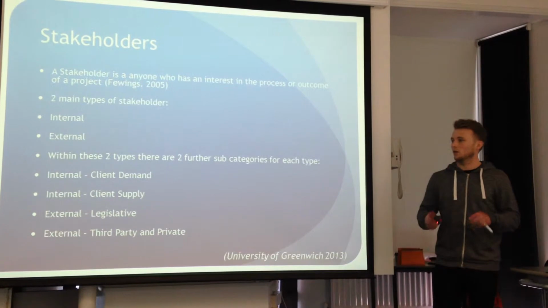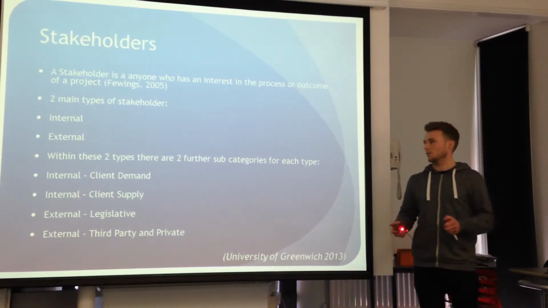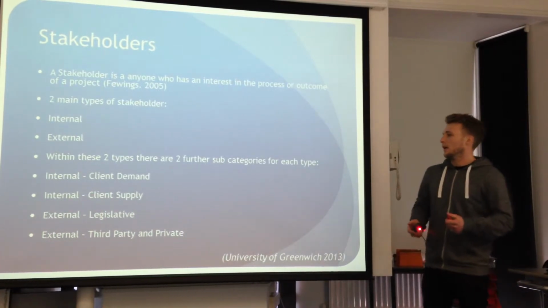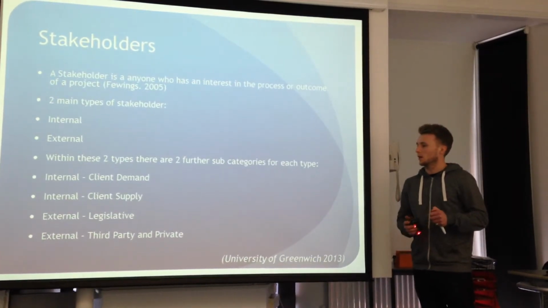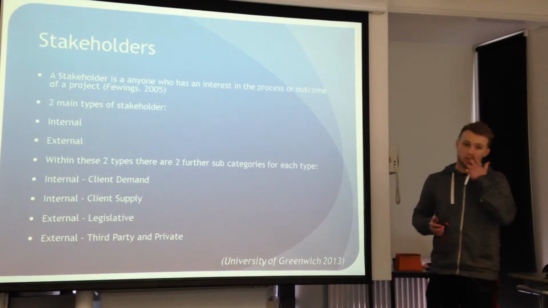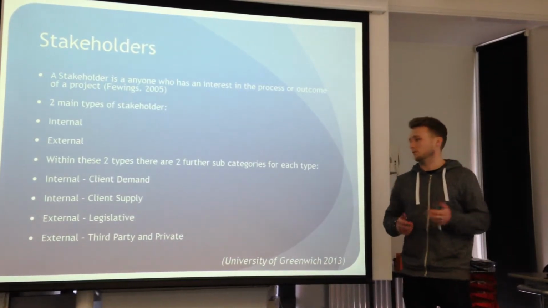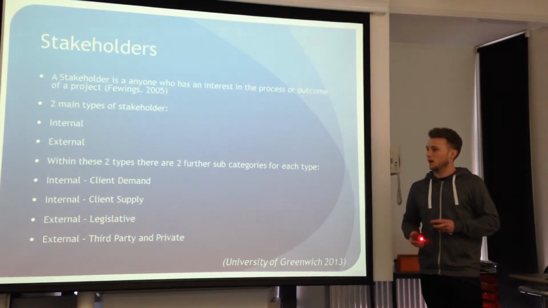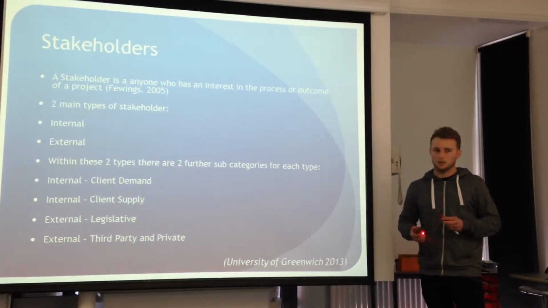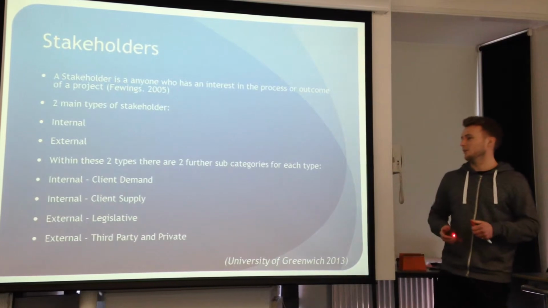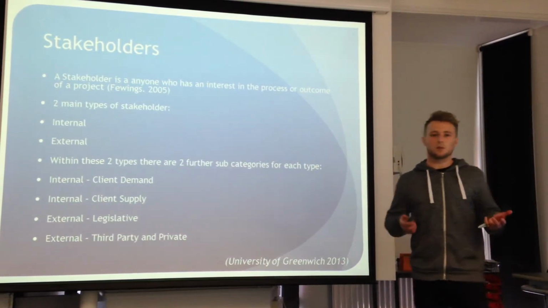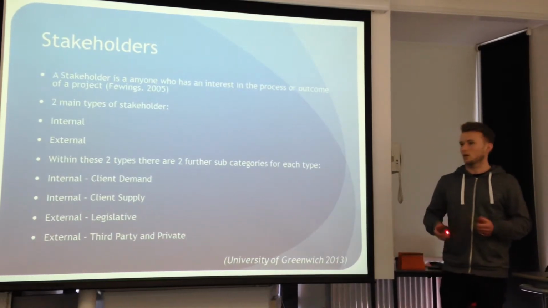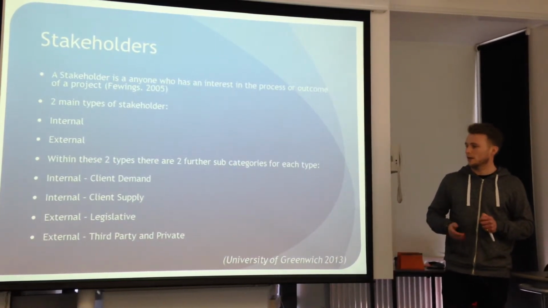So you have internal client demand, which for example will be the client or the end user. And you have internal client supply, which will be the contractor and funding sponsors. And then for external, you have legislative, which is just council, government, and all kind of organisations like that.